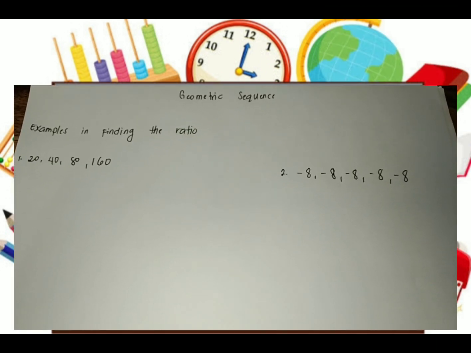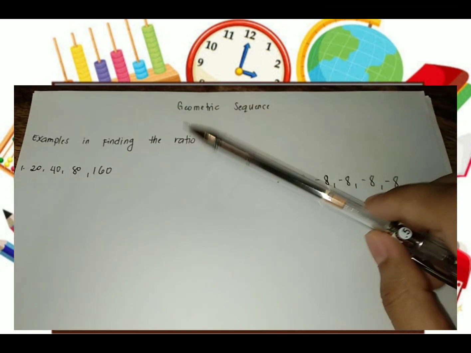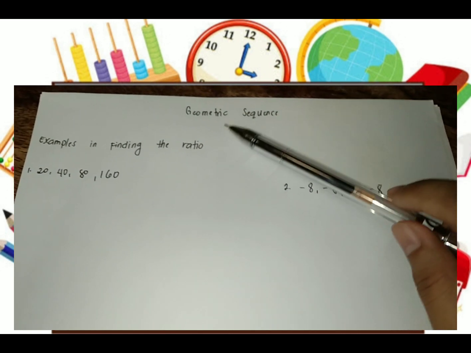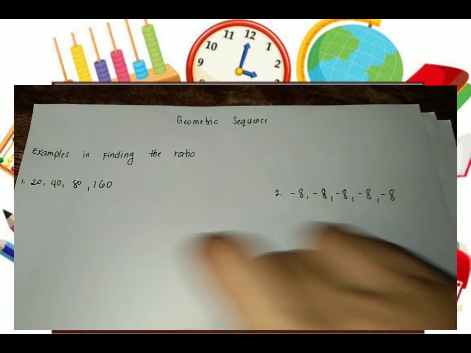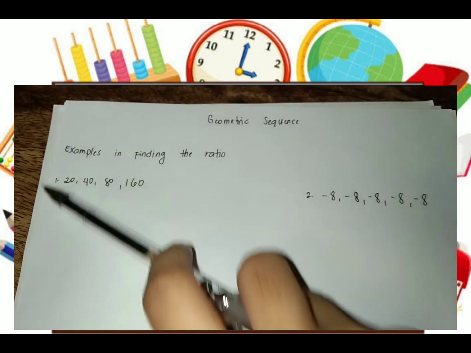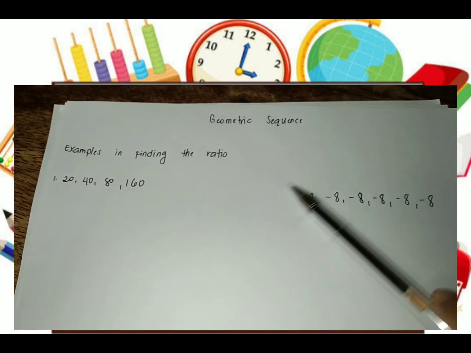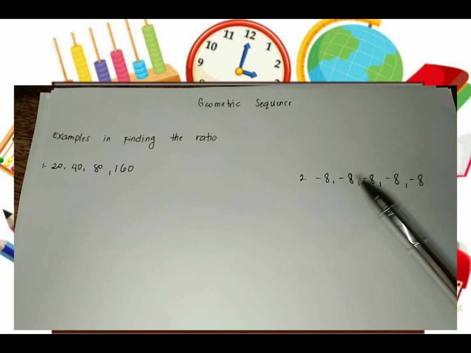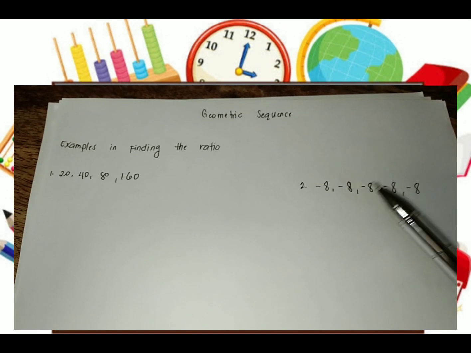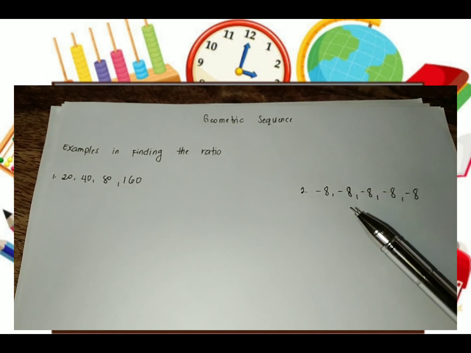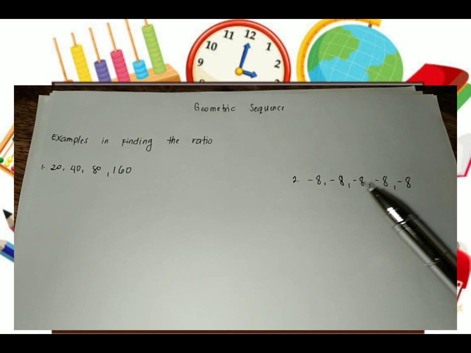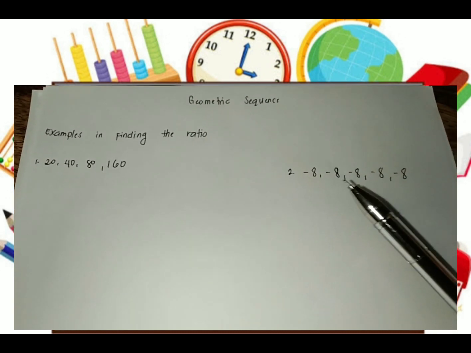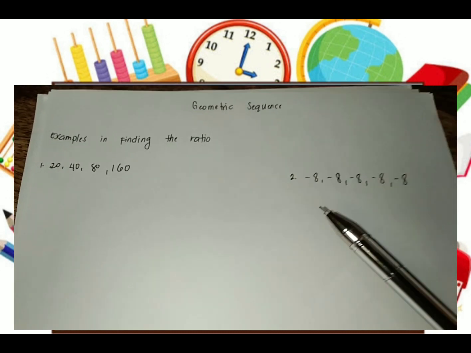This is our example number 1, and this is our example number 2. Always remember that we can only determine the following or succeeding terms by identifying a particular constant that results in the next term.